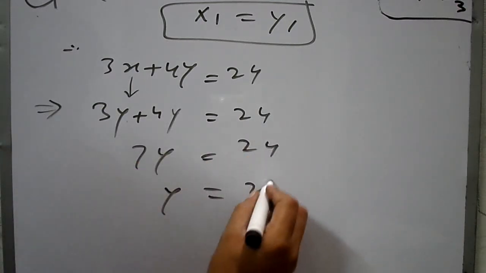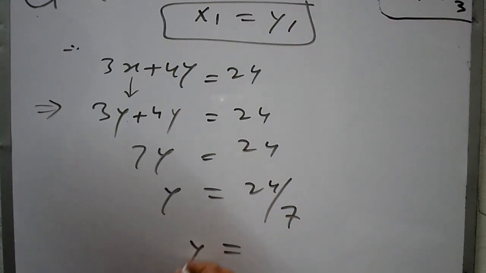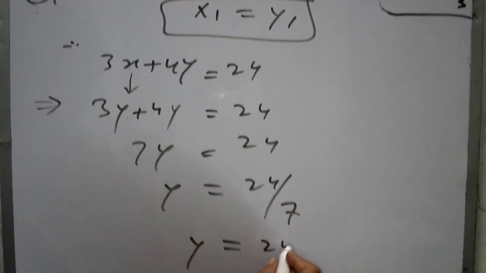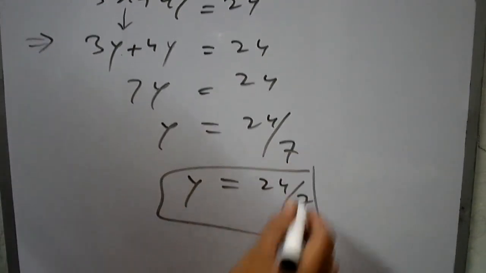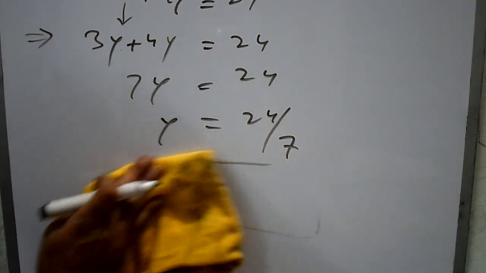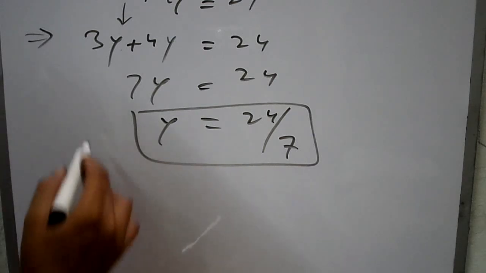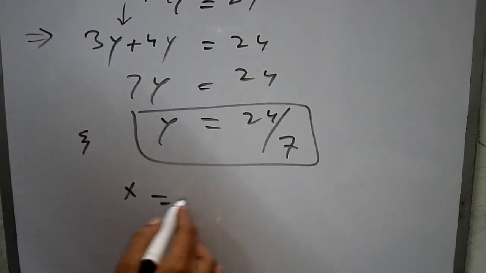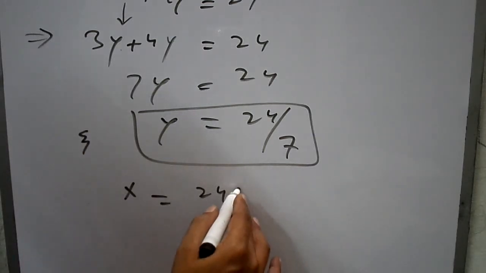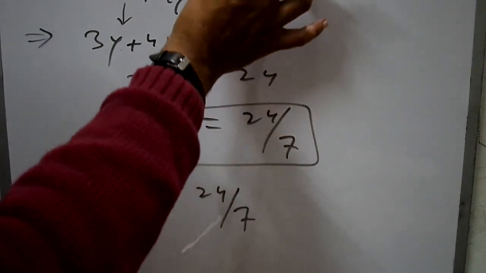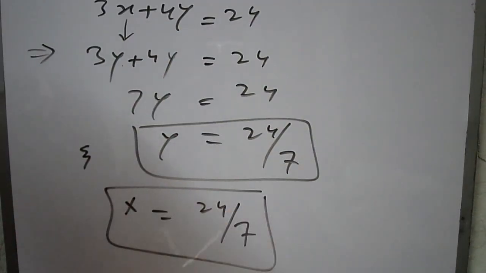The value of y is 24 by 7, which cannot be further simplified, so that is your result. And the value of x is also 24 by 7 because both are equal.